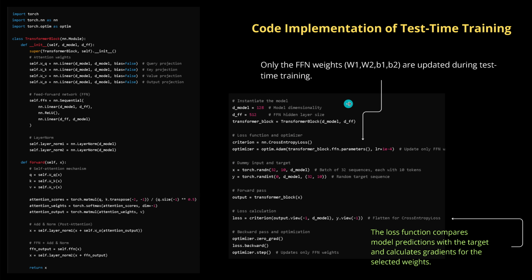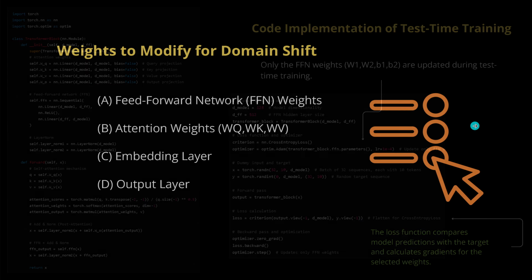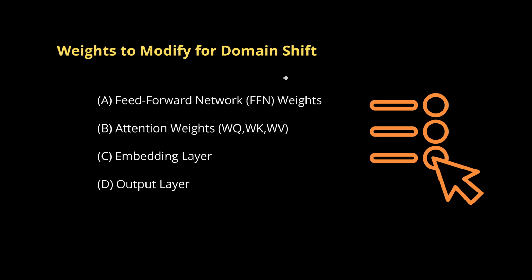So, knowing the nature of your task in the test time training, you now choose strategically which tensor structures you want to touch in your transformer architecture and modify to get the best performance increase. So, which are those tensor structures that you can touch during TTT?